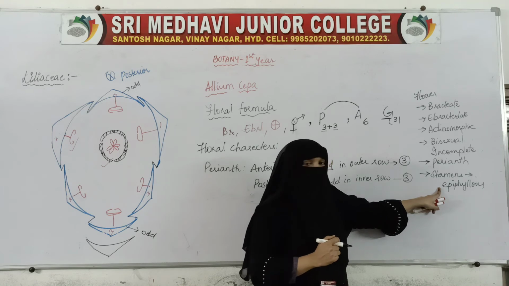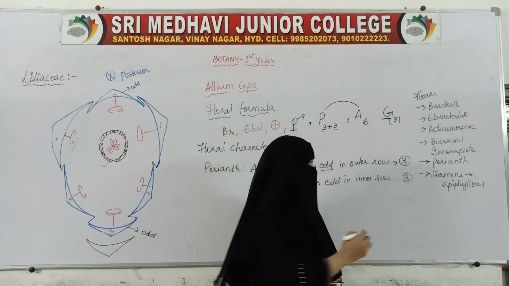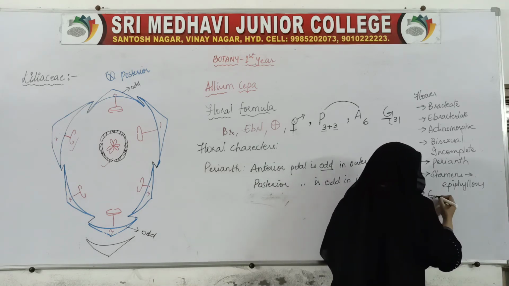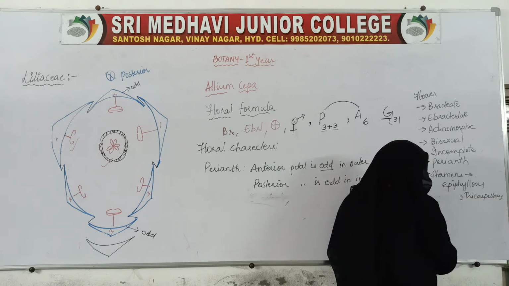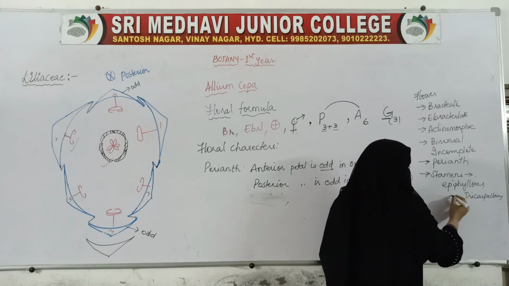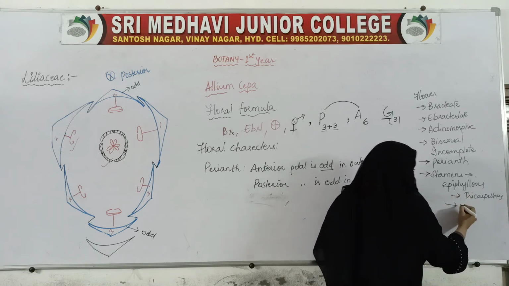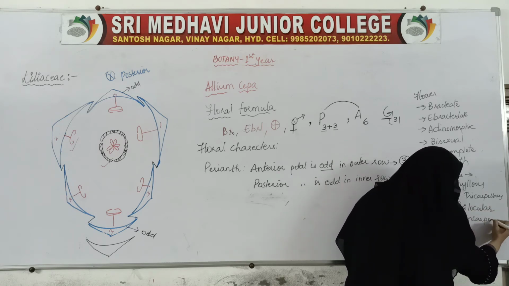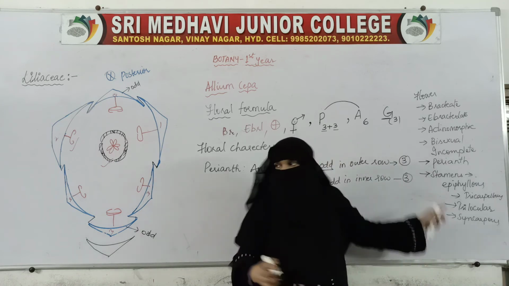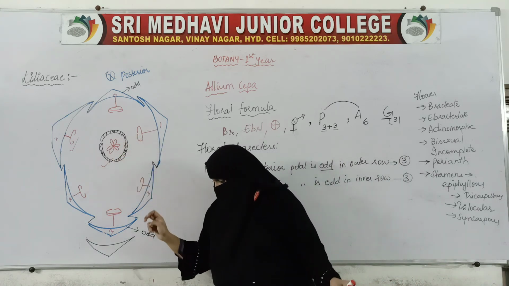The stamens are epiphyllous, and here gynoecium. Coming to this, gynoecium is tricarpellary. I'll not write gynoecium, just flower we are writing now. So it is tricarpellary and trilocular, syncarpous. Tricarpellary, 3 carpels.